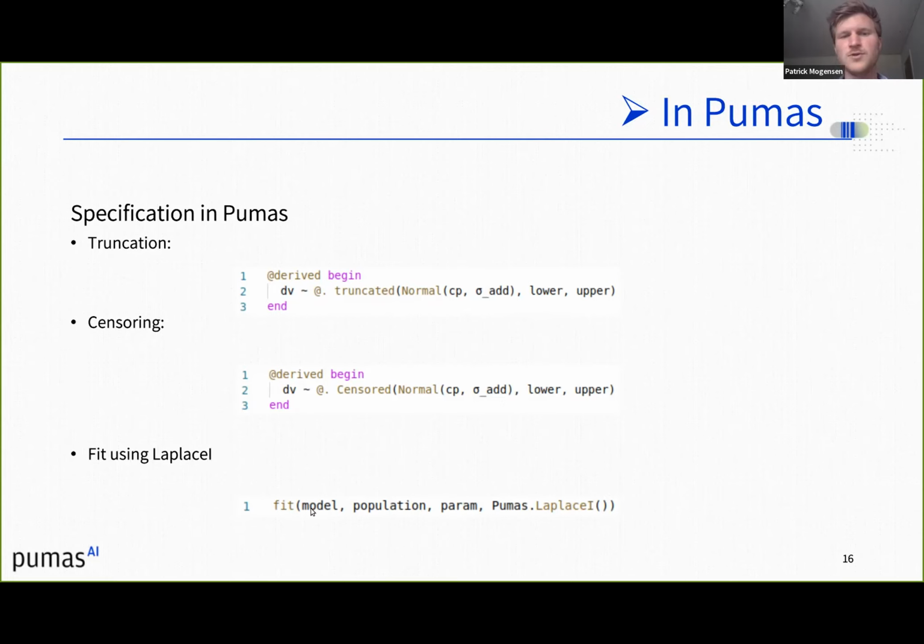So you fit the model using the model, population parameters, initial parameters, and specify the Laplace I. But Jose will show this in much more detail in the live demonstration. It's just to say that our philosophy is to call things by their name here. So this would be M3, for example, but we just handle it directly in the derived block that is used to specify the statistical model.